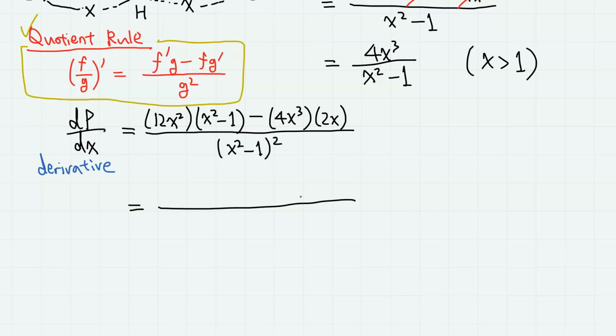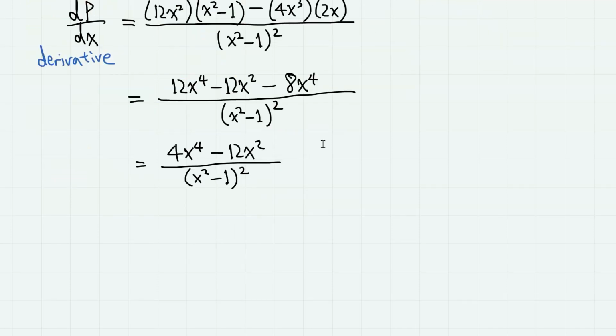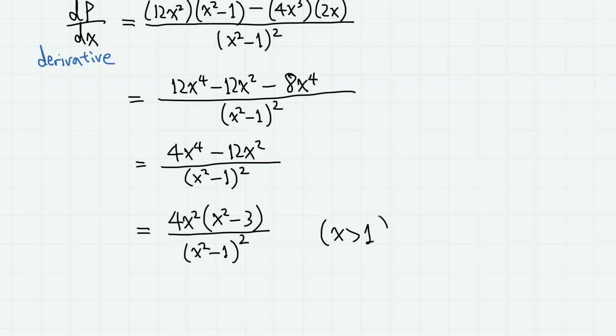So we have 12x to the power 4 minus 12x squared minus 8x to the power 4 over x squared minus 1 squared. So we have 4x to the power 4 minus 12x squared over x squared minus 1 squared. So we have 4x squared times x squared minus 3 over x squared minus 1 squared, defined in this range.